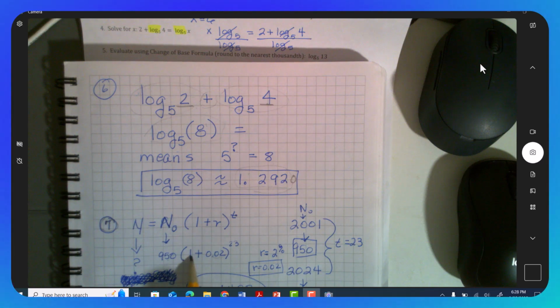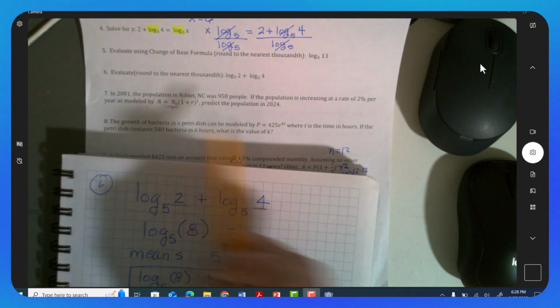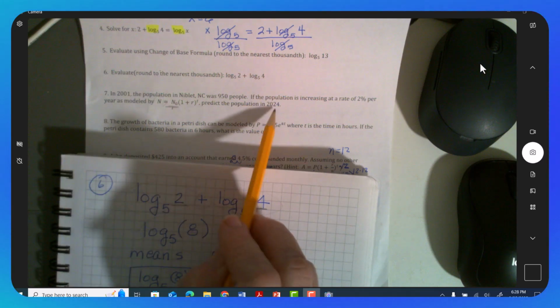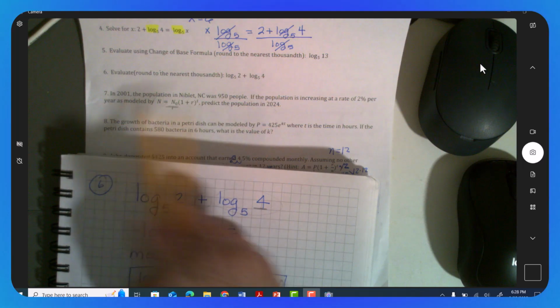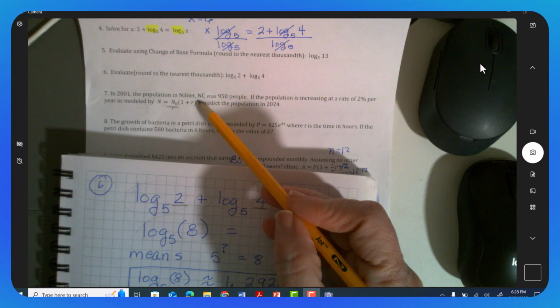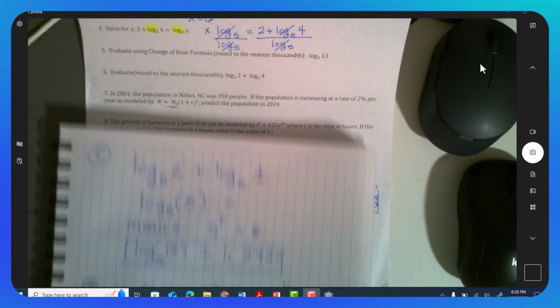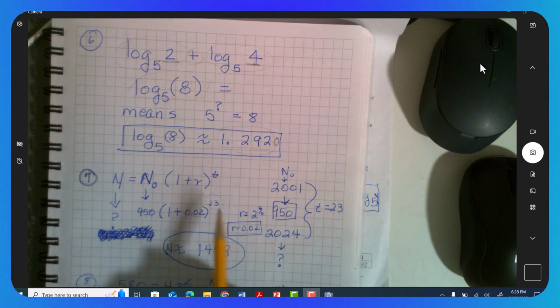Add that to 1, and then we're going to raise it to the time, the number of years. All right, so we're going from 2001 to 2024. Subtract 2001 from 2024. This time period is going to be 23 years. Okay, so that's what goes here.